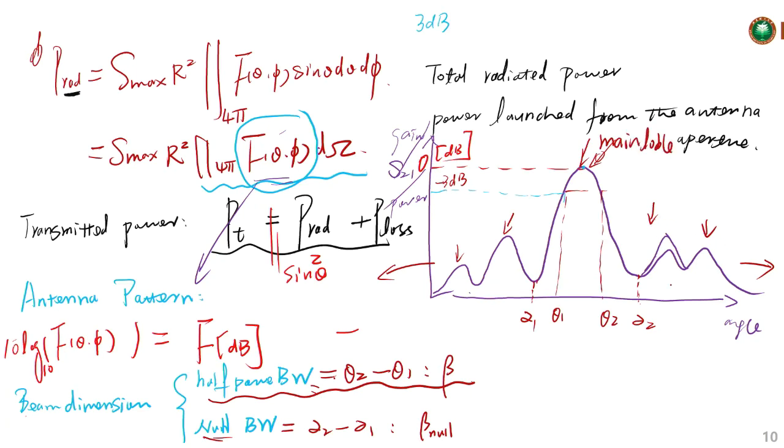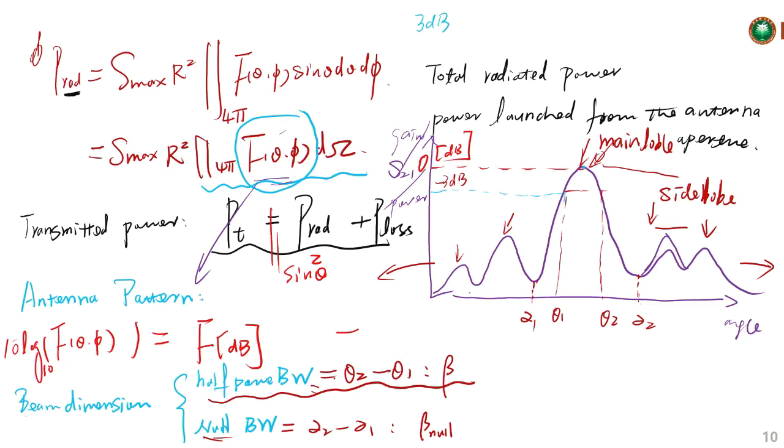And all the other peaks, we call side lobes. And what we want is to suppress the side lobes and increase the main lobe. All right? So we want to keep the ratio between both as large as possible to improve the performance of the antenna. So these are the main lobe and the side lobes.